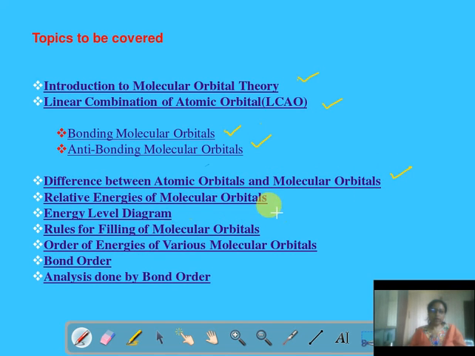Then after that, relative energies of molecular orbitals, energy level diagram. Then there are certain rules to fill up these molecular orbitals, and order of energies of various molecular orbitals, and also we will be learning how to calculate the bond order and some analysis which will be dependent on this bond order calculations.